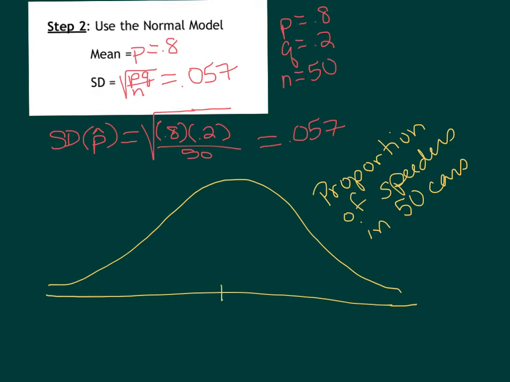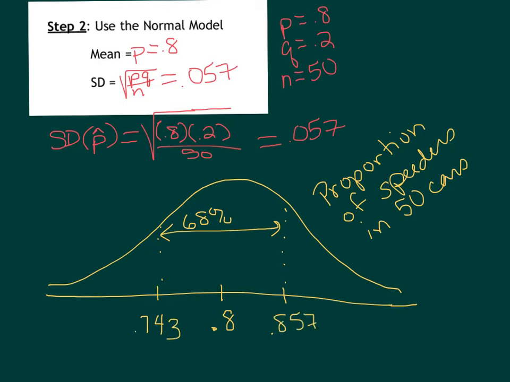So I know that my proportion, if I were to take many samples like this, I would overall get a mean around 80%. And the other thing I know is that my standard deviation is 0.057. So the middle 68% is going to be between 0.743 and 0.857.